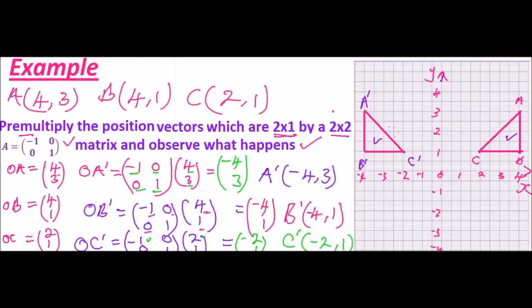It is a reflection through the line x equals 0, the y-axis. Now, this is where we conclude. Then it means this matrix here actually represents a transformation, which is a reflection through the y-axis or the line x is equals to 0, and that is the objective. That is what we wanted to achieve.